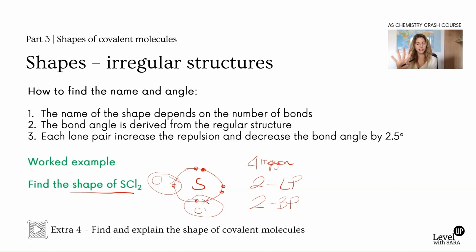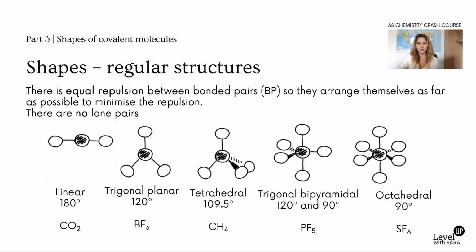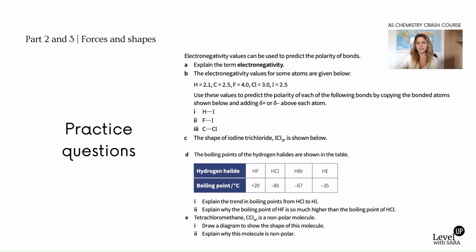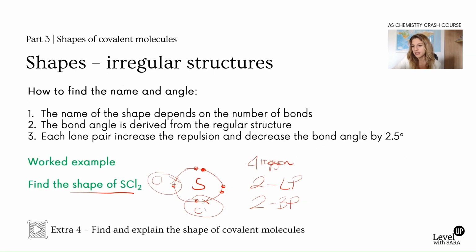Because there are 4 regions, which regular structure do we take in mind? The one with 4 things, the tetrahedral. It's important to keep it in mind, so we could write it here on the side. We're looking at the tetrahedral that has an angle of 109.5. However, there are 2 lone pairs, and we know that each lone pair decreases the angle by 2.5.